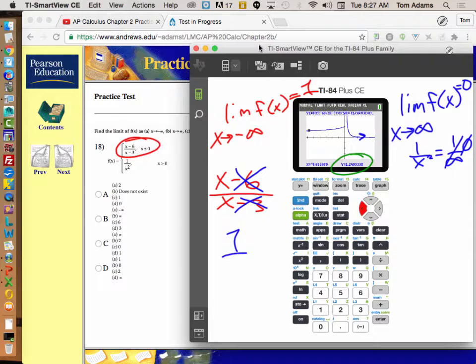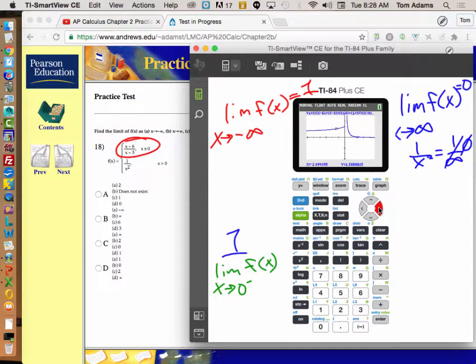Now, lastly, what they want us to do is to study the behavior of the function as x approaches 0 from the negative side. All right, so to do that, we're just going to look at this graphically and see what that value is, and then we'll try to figure it out. I could plug in 0, can't I?